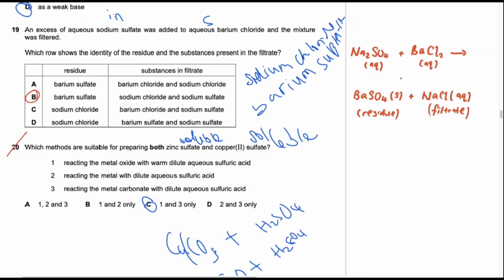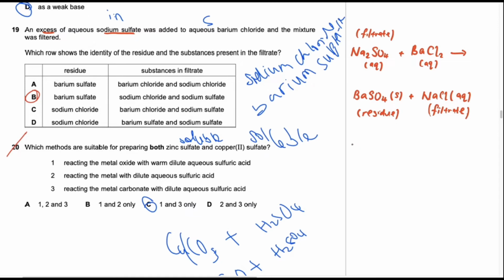So you have to remember one more thing: excess sodium sulfate. You use extra, so you should expect this is in the filtrate also. The reason why this is also in the filtrate is because not all the sodium sulfate has reacted. They still have some extra.